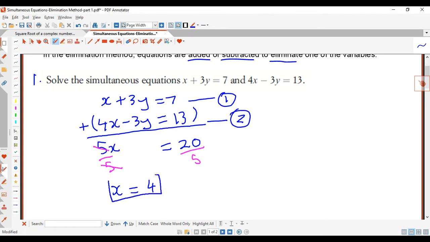You need to know what the y value is as well. So now I'm going to sub x equals 4 into one of the equations. It doesn't matter which one.